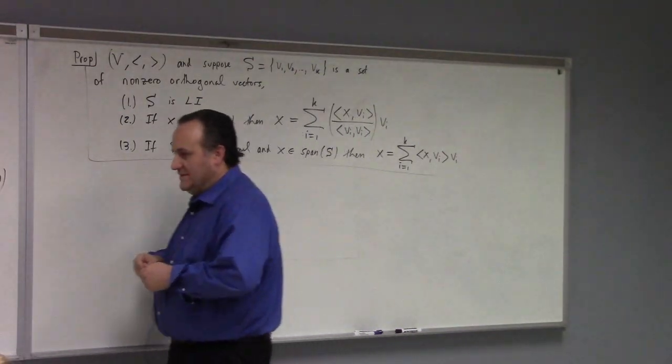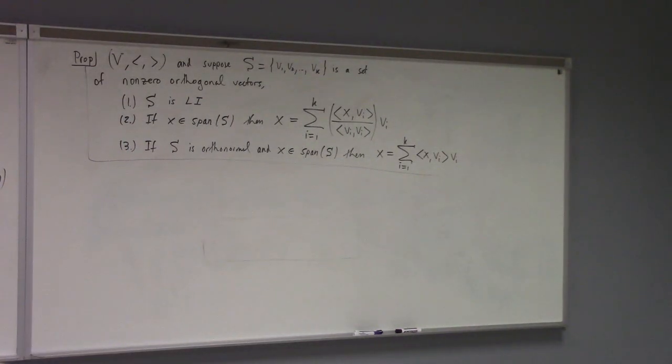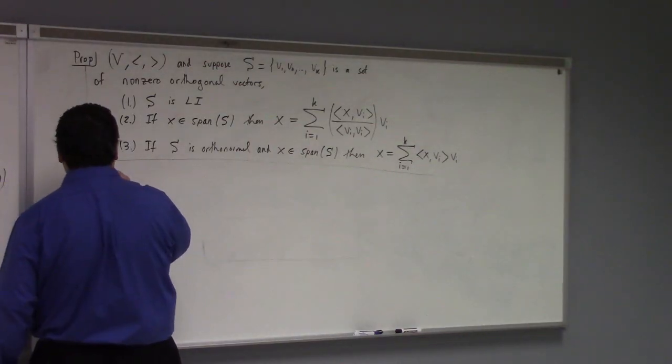So how do we prove a set is linearly independent? Well, first of all, let's state our assumptions. Assume S is a non-zero orthogonal set, right? Proof.